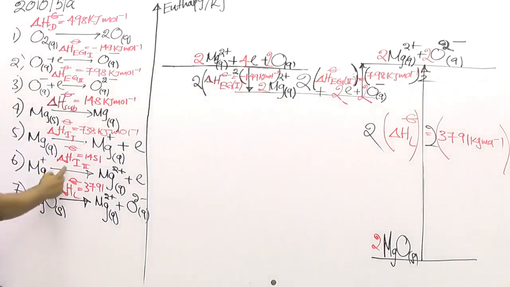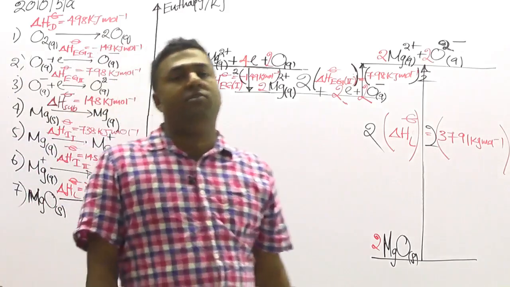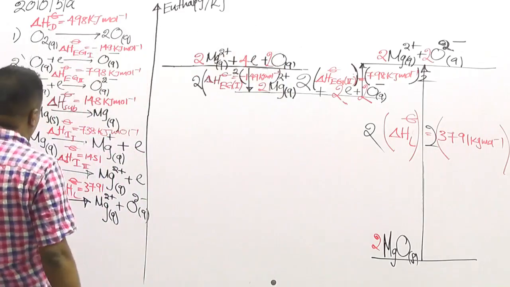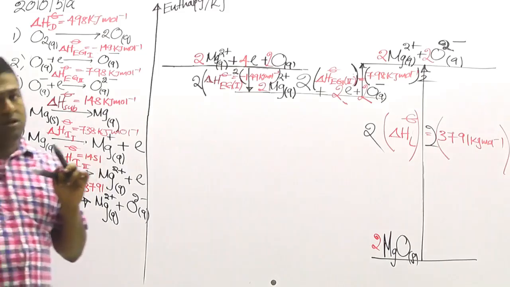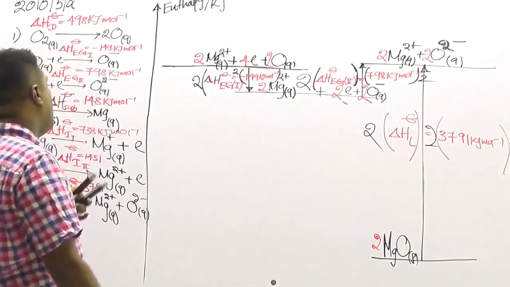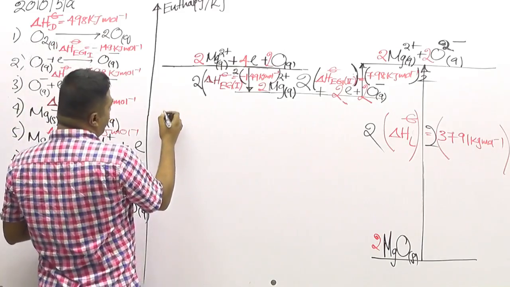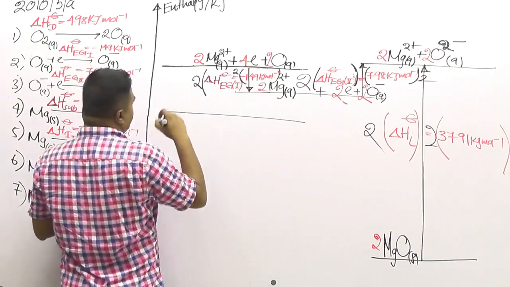So it is plus 1451. It is plus 1451 for 1 mole, right.